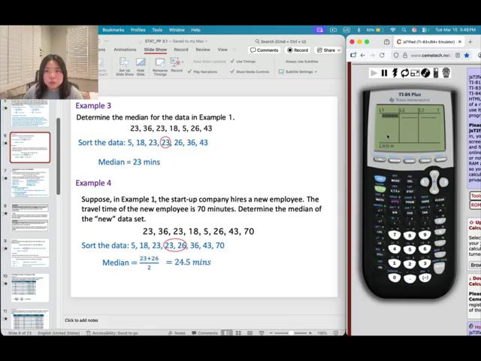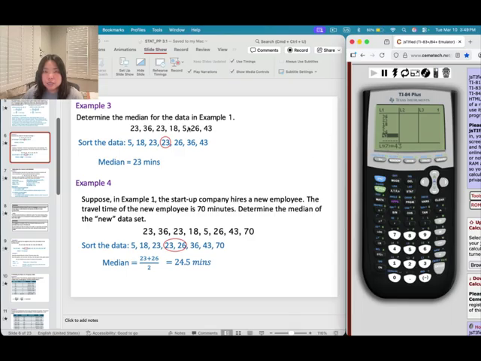So now I'll be using the L1 for my data here. So I'm going to plug it in. I do have 23, 36, enter, 23, enter, 18, enter, 5, enter, 26, enter, 43, enter. Okay, you can see I do have 7 data here.